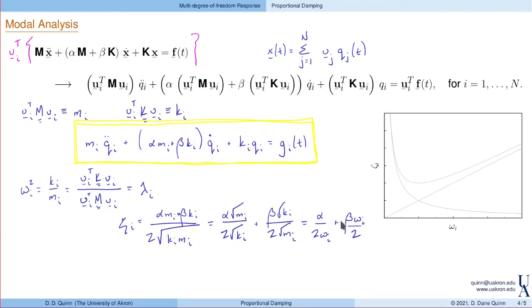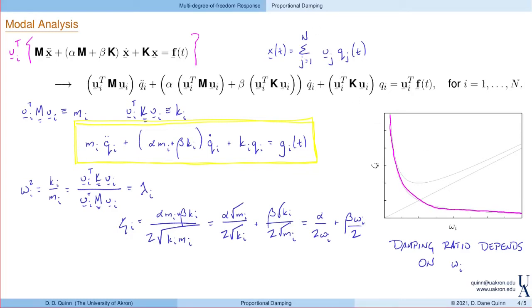And so we find that the damping ratio depends on the modal frequency, as well as the proportional damping constants. Here I've sketched these two terms. If I look at alpha over 2 omega, that has a dependence on the modal frequency that looks like this.